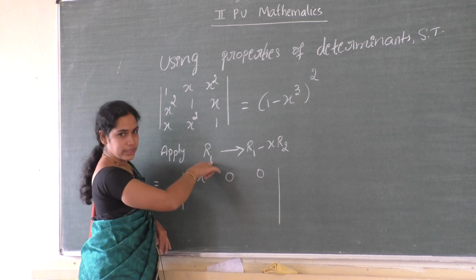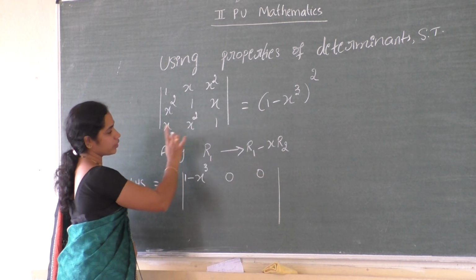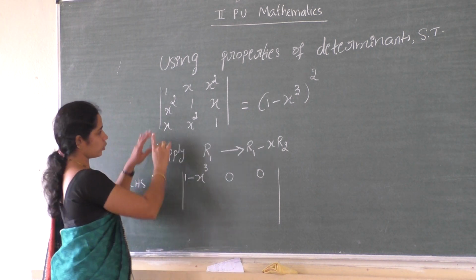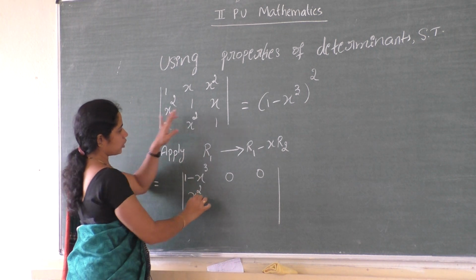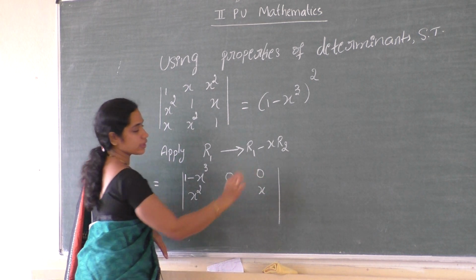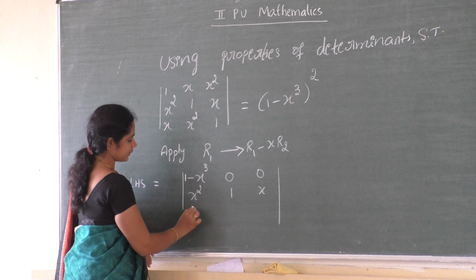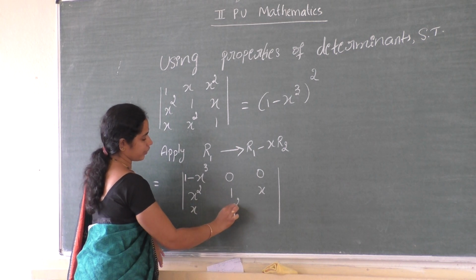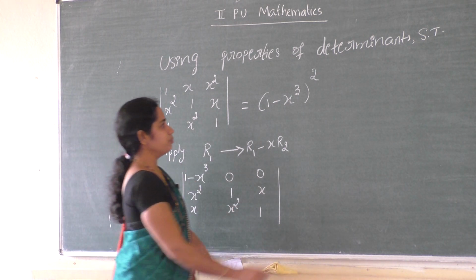Only the first row is changing here, so the second and third rows remain as they are: x square, 1, x and x, x square, 1.